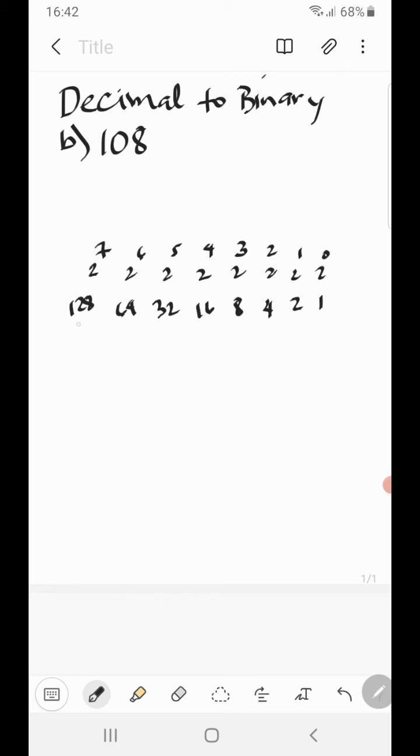Now again, if you're given this table, 108 is greater than 64, but it's less than 128. Therefore, we can start on the number 64. Okay, so this is way number 2.